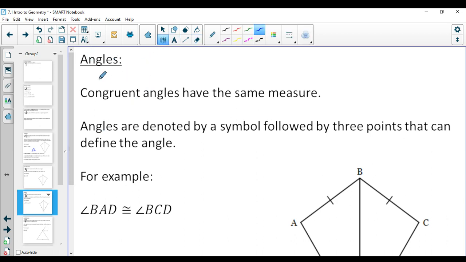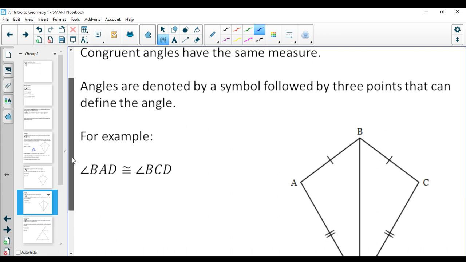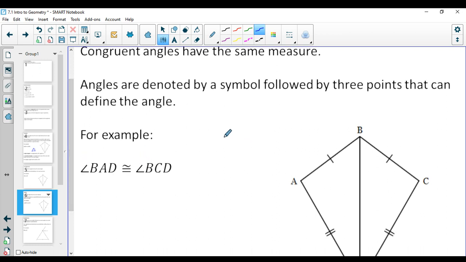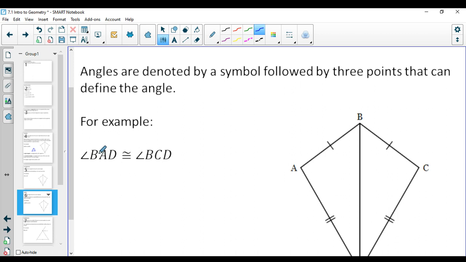To move on to stuff that we didn't get to: angles. Congruent angles, much like sides, have the same measure. We'll do it with the example I have there. We have angle BAD, which, again, angles, you need 3 points to write now so that we know the specific angle we're talking about. And the angle that you're talking about is what the 3 points make.